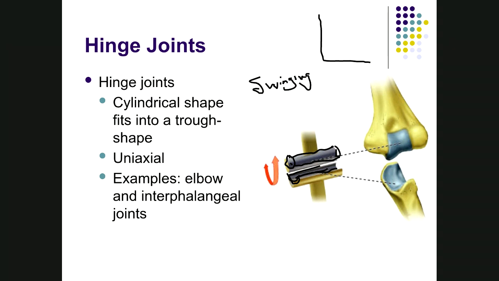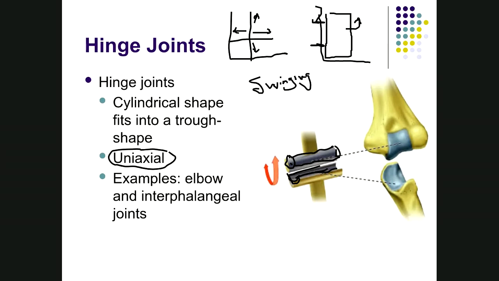If you think about a door, it's got hinges on it. And the only thing a door can do is swing in or swing out. That's all it can do. In other words, that's one axis it's moving on. It's moving this way and this way on that one axis. And so these are uniaxial joints.